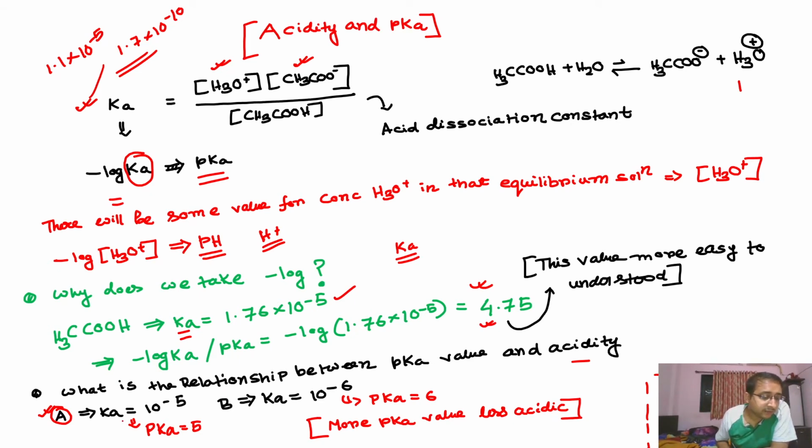Now if you take the minus logarithm of this Ka, we will obtain the pKa value of acid A, that is equal to 5, and the pKa value for acid B, that is equal to 6.